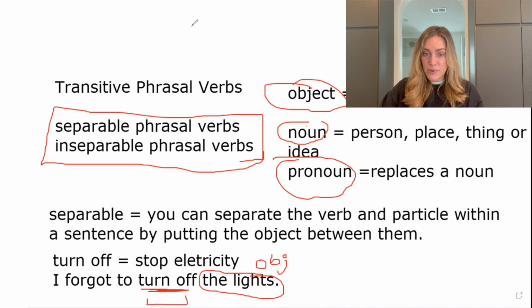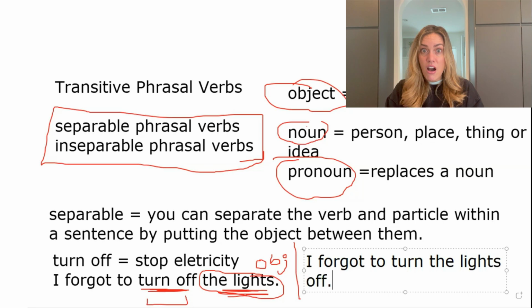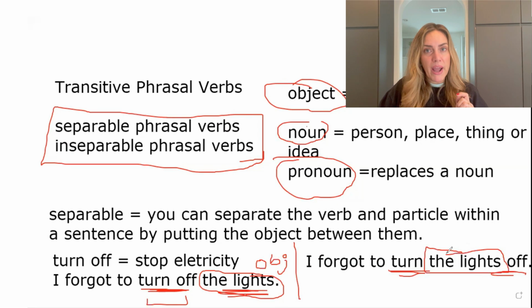But I can separate this phrasal verb by simply putting the object between the verb and the particle. I can say, I forgot to turn the lights off. I forgot to turn the lights off. And here I have an example of a phrasal verb, turn and off, a phrasal verb that is separated by what?